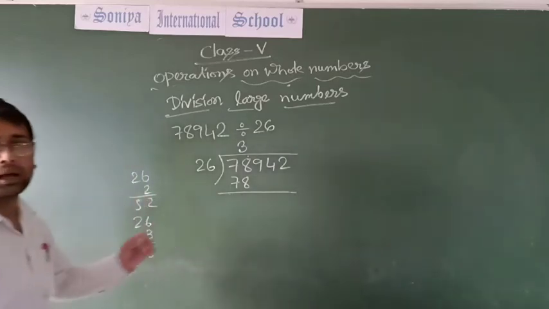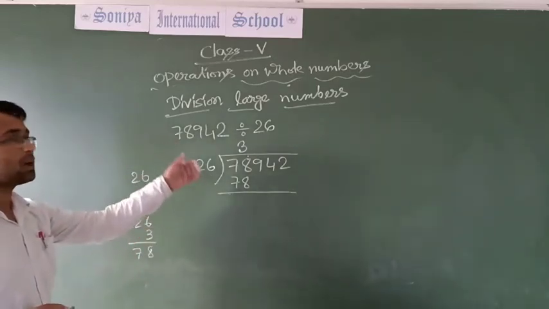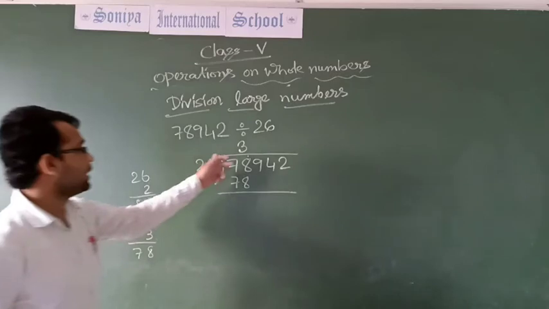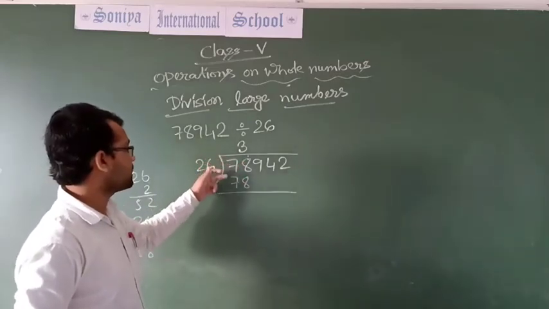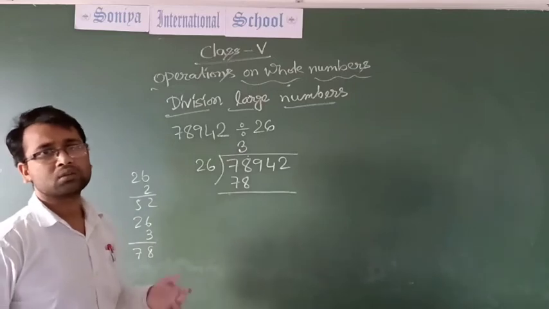Then draw a line and subtract from each other. 8 take away 8, nothing. 7 take away 7, nothing.